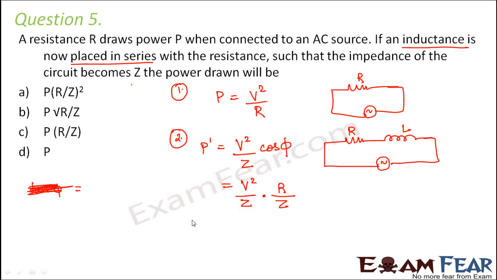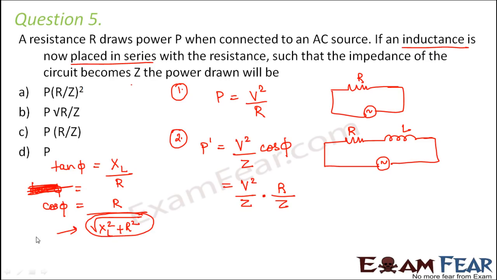Now here you might ask that how cos phi is equal to R by Z. So we know that tan phi is equal to XL minus XC by R. So here there is no capacitance, so tan phi will be XL by R. So cos phi will be equal to R divided by root over XL square plus R square. Now what is this basically? This is basically the net resistance of this circuit, that is the net impedance. So cos phi is equal to R by Z.